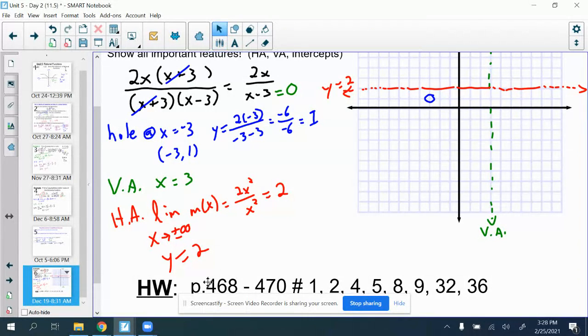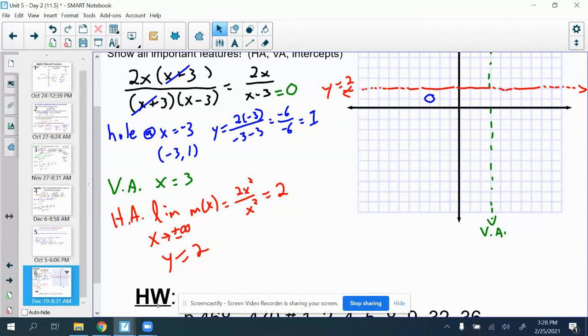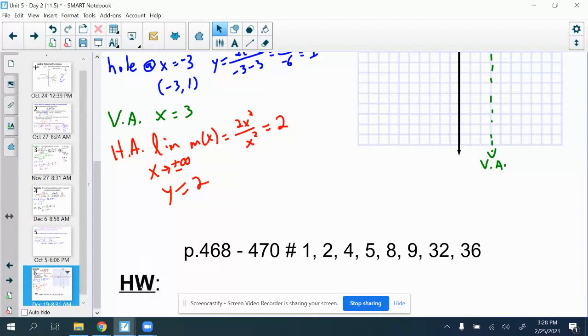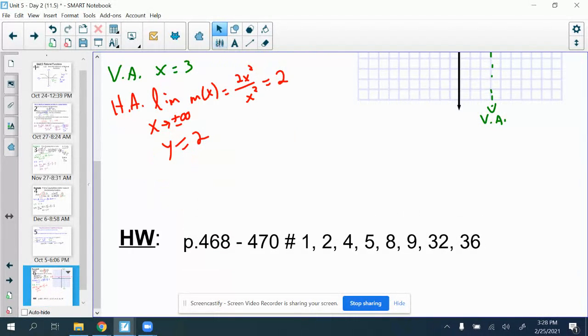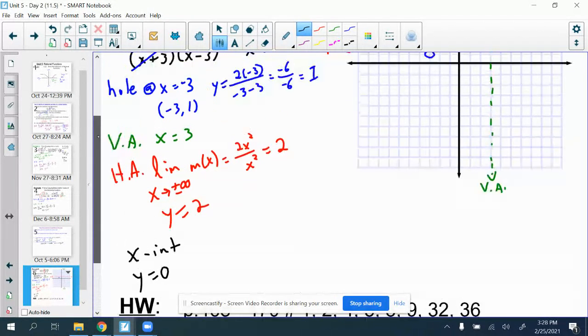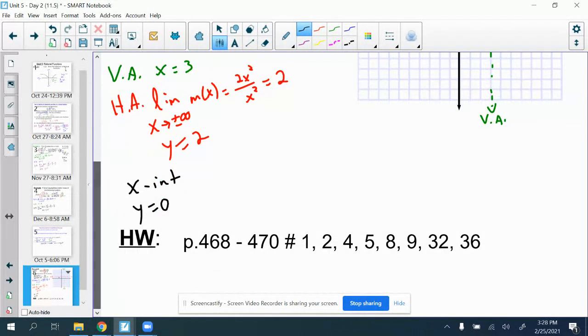So this is the last part that's kind of new-ish. Maybe not. So if I want the x-intercept, the x-axis is really y equals 0. Okay, we had 2x over x minus 3. So 0 equals 2x over x minus 3. You have two choices.